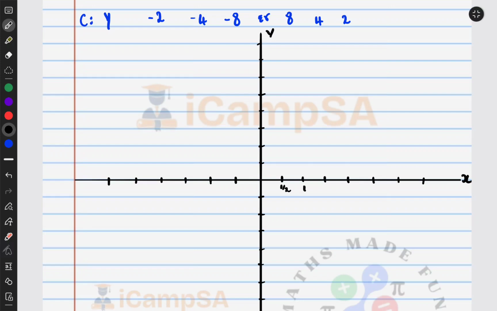1 plus 1/2 is 3/2. Then we have 2, and then 2 plus 1/2 is 5/2. We have 3, and then we have -1/2, -1, -3/2, -2, -5/2, and -3.